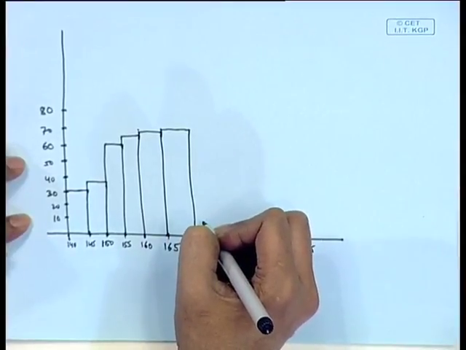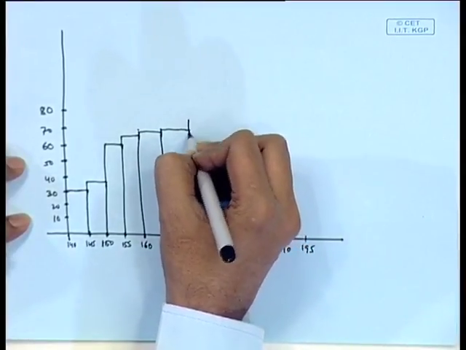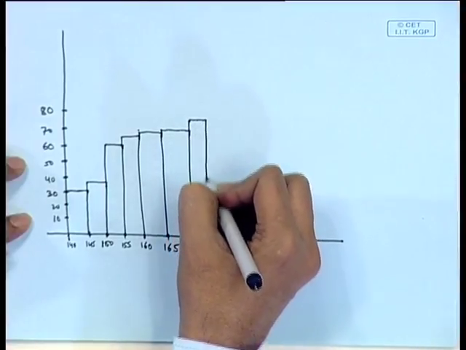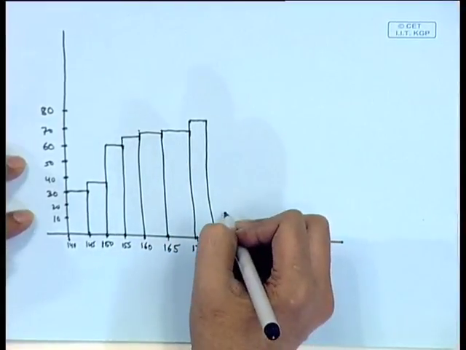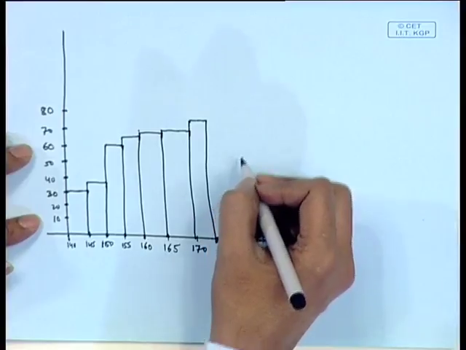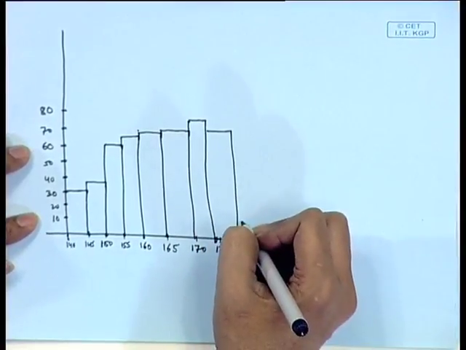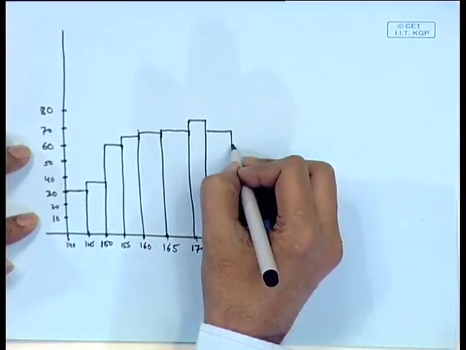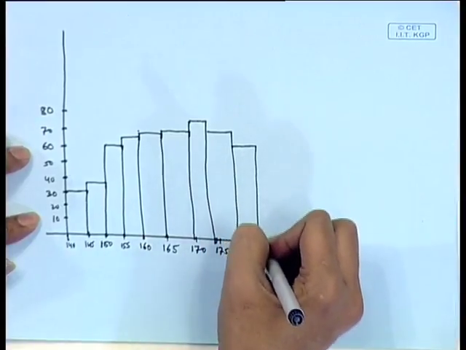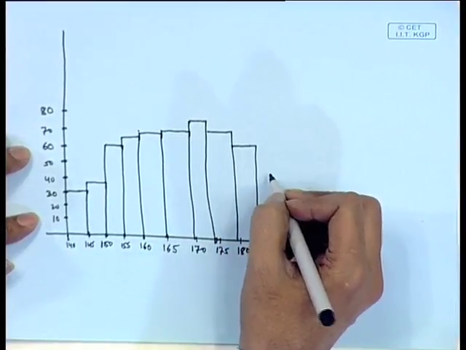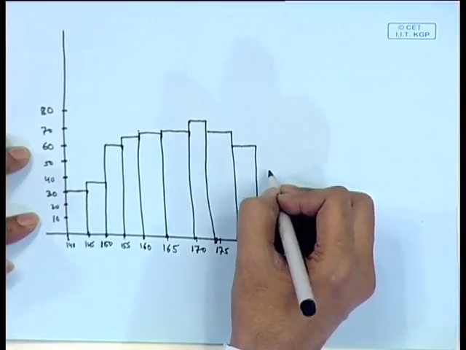170 to 175 is 75. 175 to 180 it is 70, and 180 to 185 it is 62. 185 to 190 it is 51.